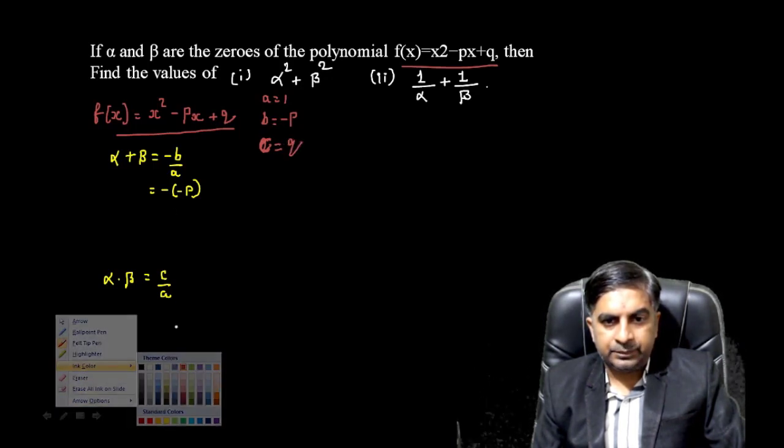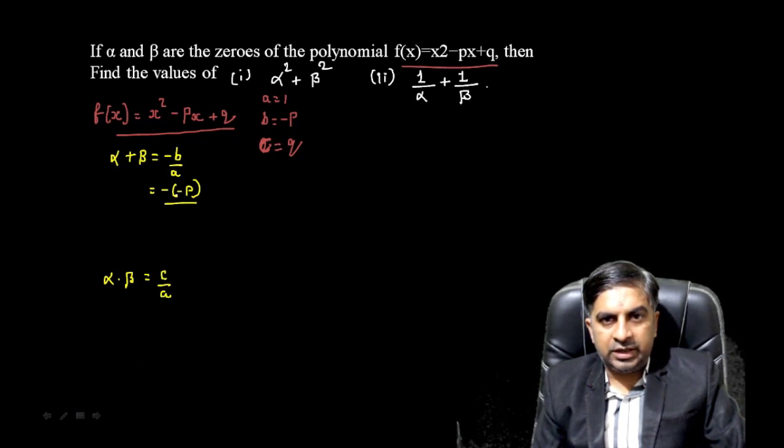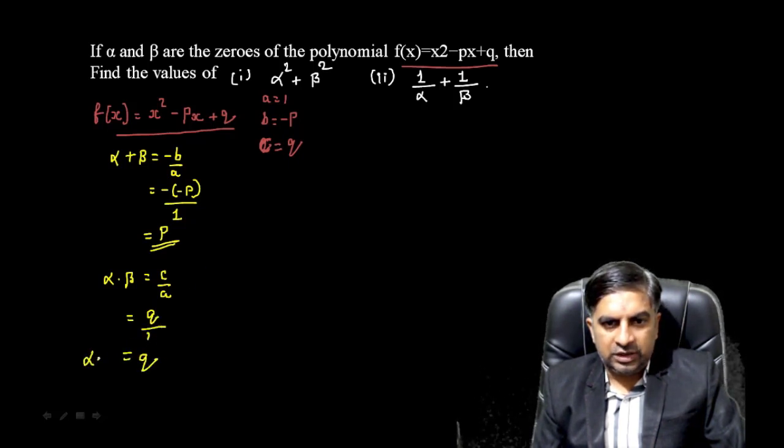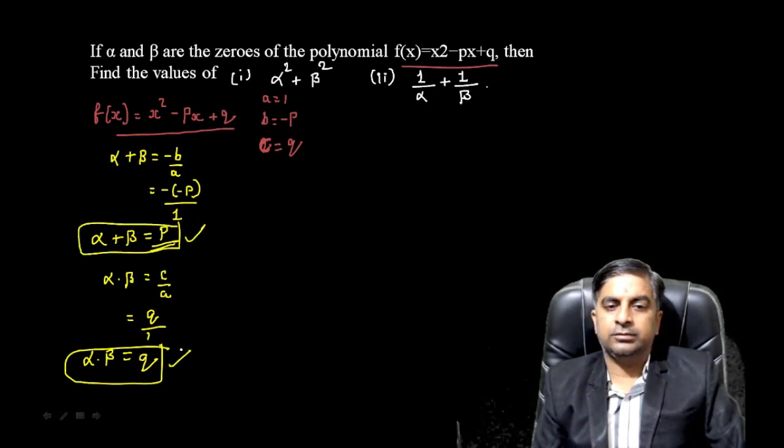So minus, and a is 1, so minus minus p, that is plus p. This is your alpha plus beta, and alpha into beta is c by a, that is q by 1, so that is q only. Alpha into beta is q, and alpha plus beta is equal to p. This first you need to find out.